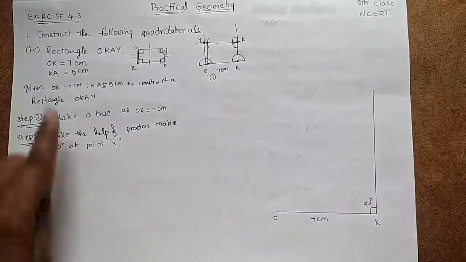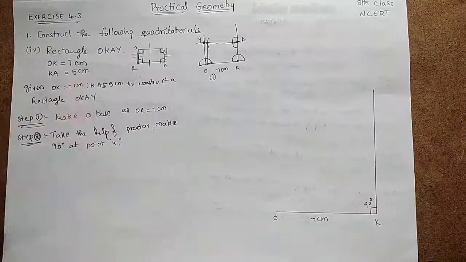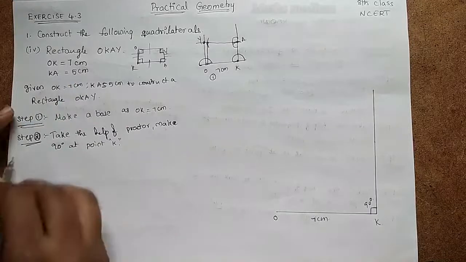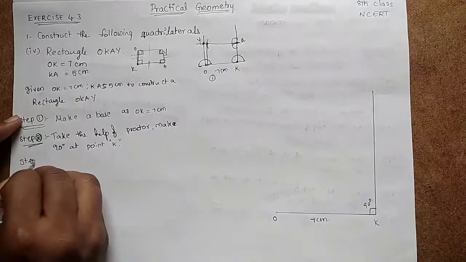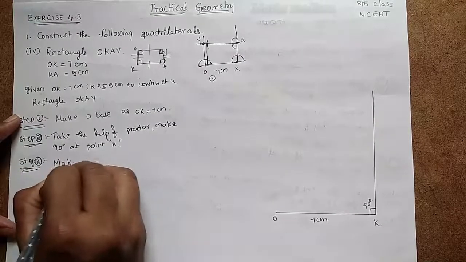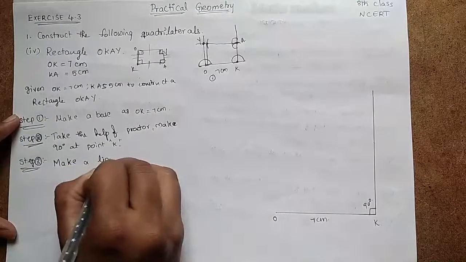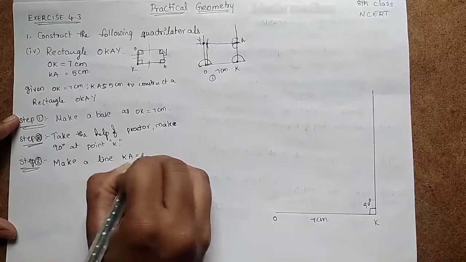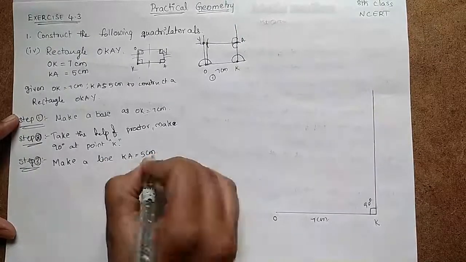So now we know KA is equal to 5 centimeters. So step 3, make a line KA is equal to 5 centimeters.